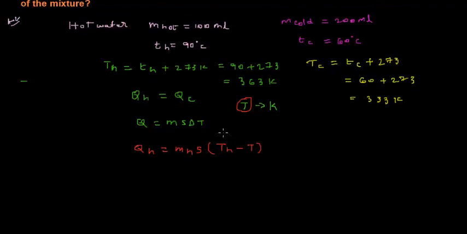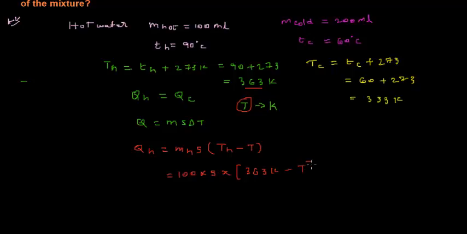So 100 ml into S, which is the same for both hot and cold water, because it is water, and the specific heat of a particular substance is always constant. Both of them are water. Therefore, the S remains the same, into S into what is the value of T H? It is 363 Kelvin. Therefore, 363 Kelvin minus capital T.